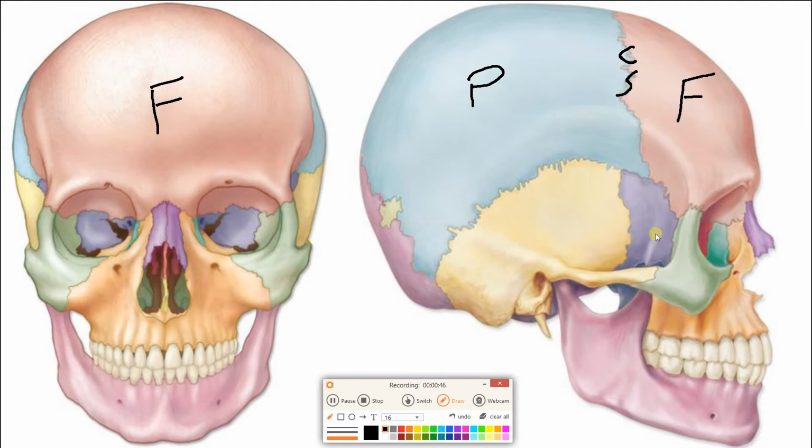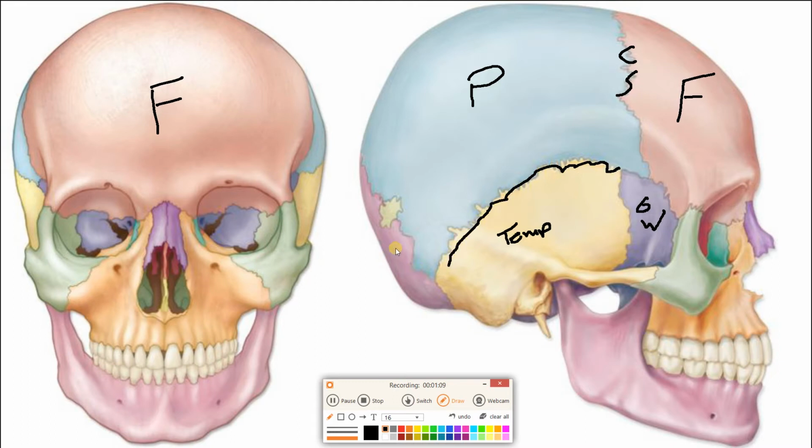Frontal bone also articulates with this very nice greater wing of the sphenoid bone right here. And the greater wing of the sphenoid and the parietal are going to form a joint with the temporal bone right here. In particular, the squamous part of it. And we see that squamous suture right there.